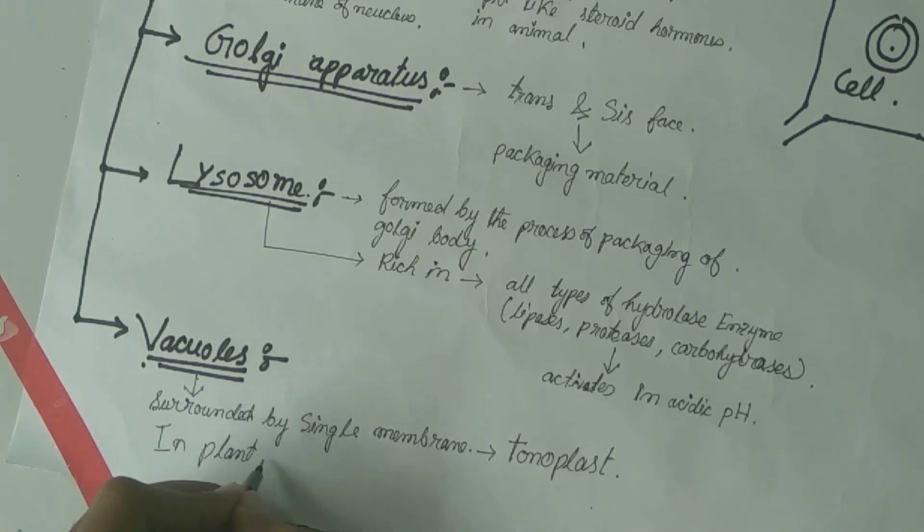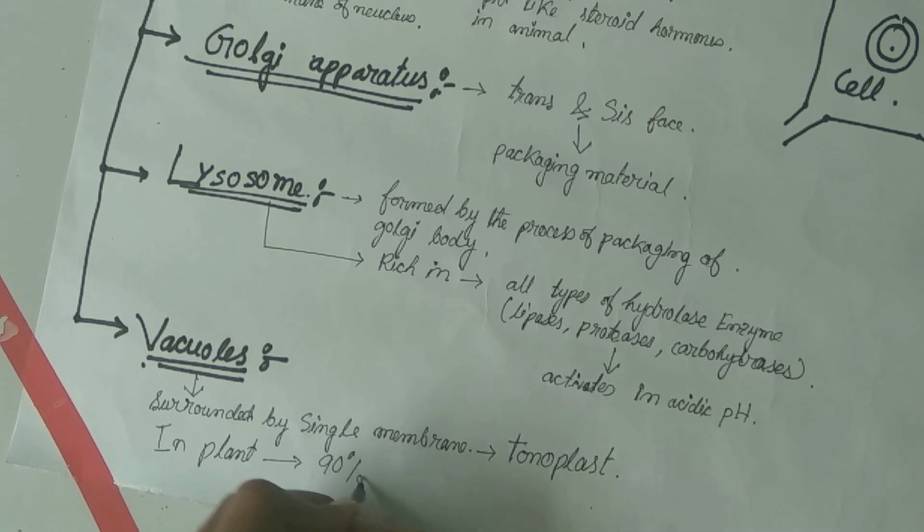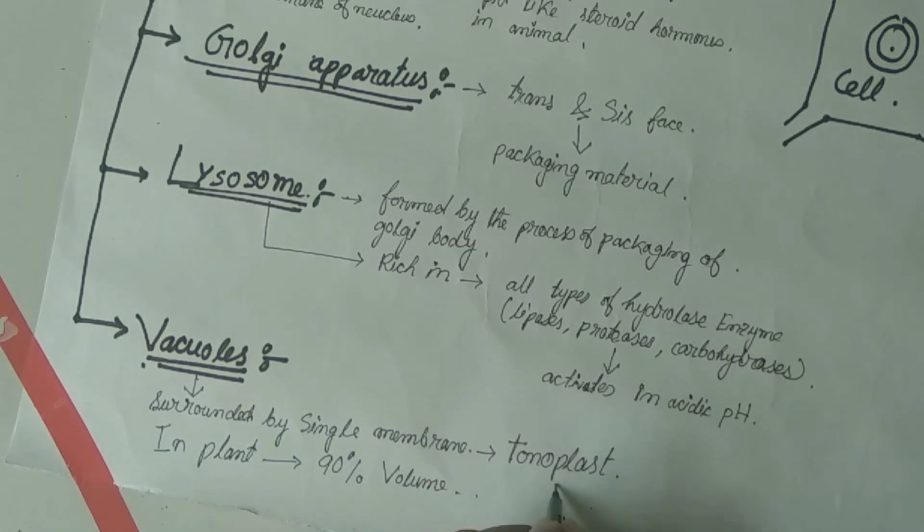In plants, 90% of the volume of the cell is occupied by the vacuoles.